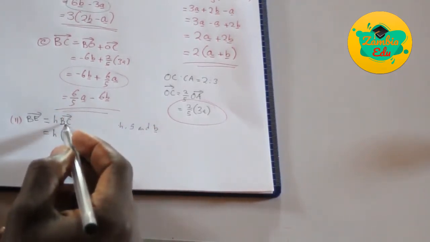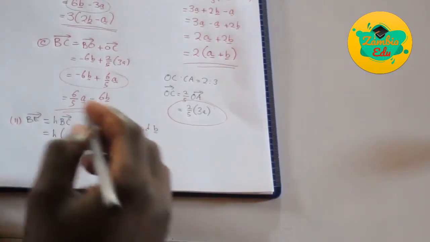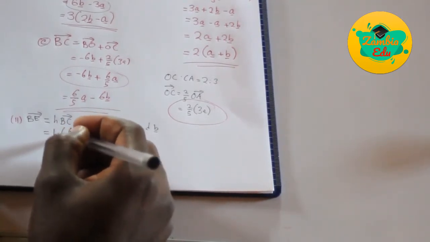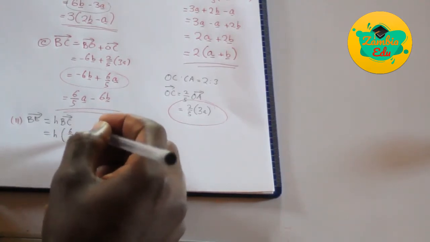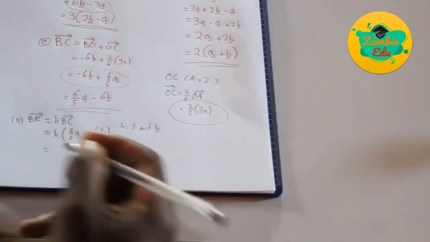We know the value of BC. How do we know the value of BC? Well, from calculating it in our question C there. So we just put in brackets the value of BC, 6 over 5a minus 6b, close bracket.